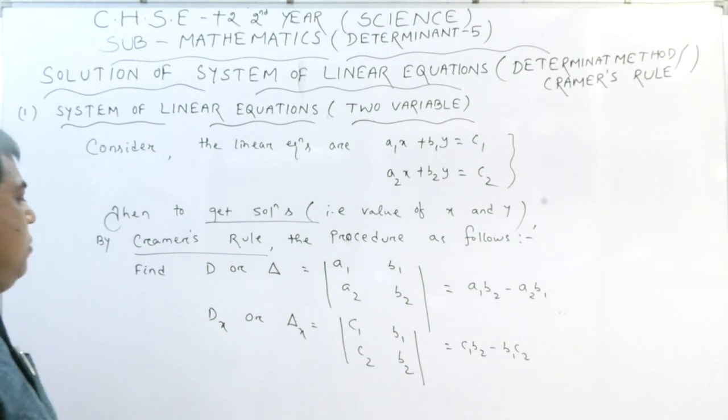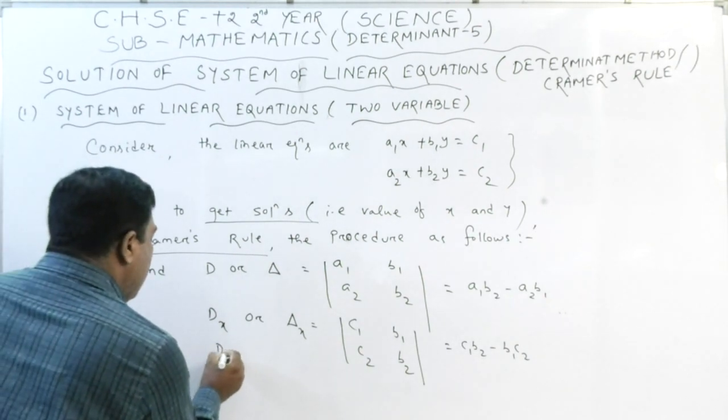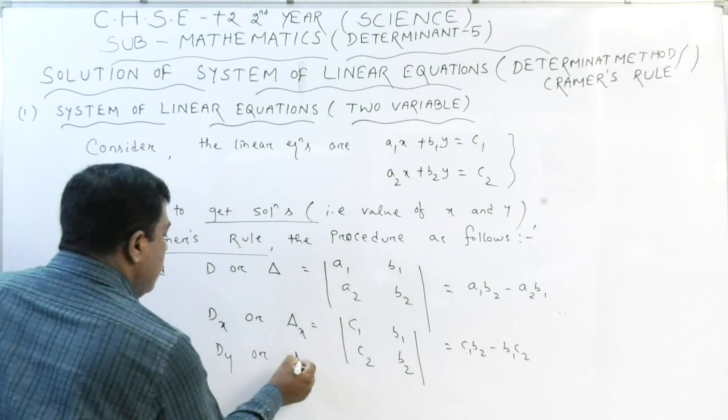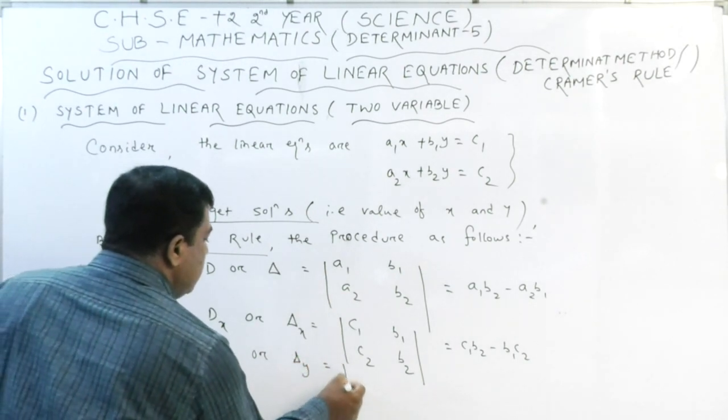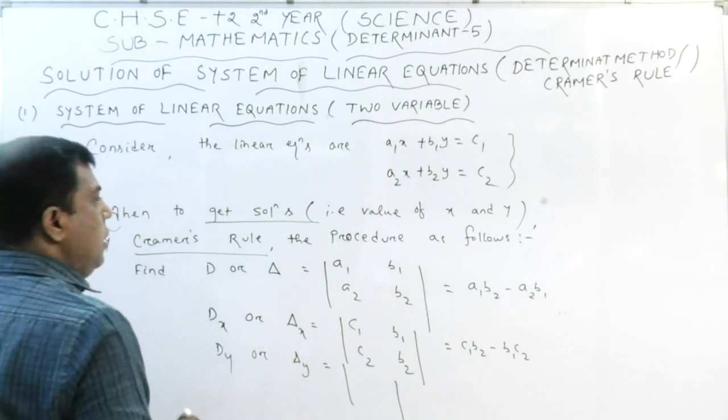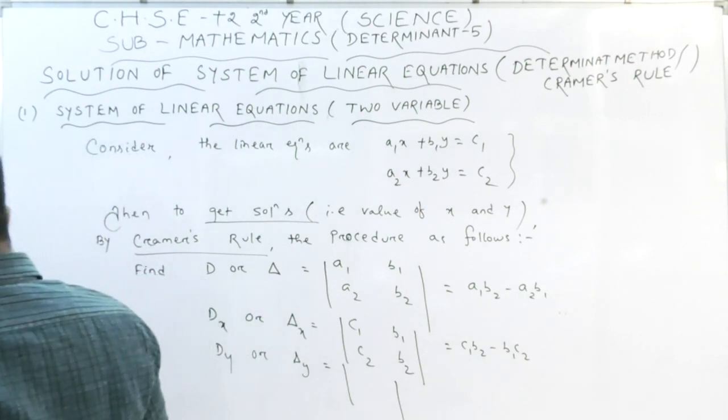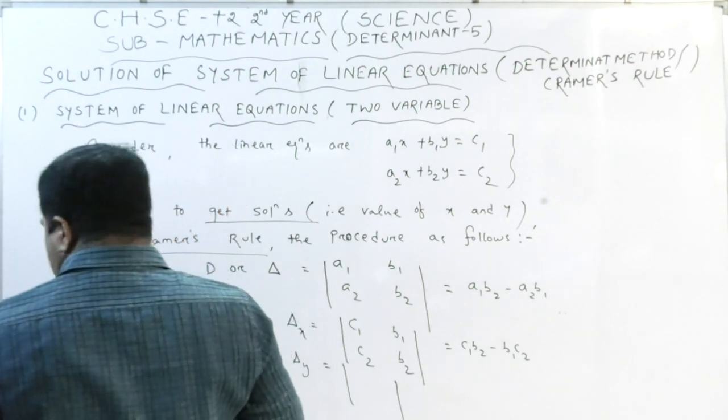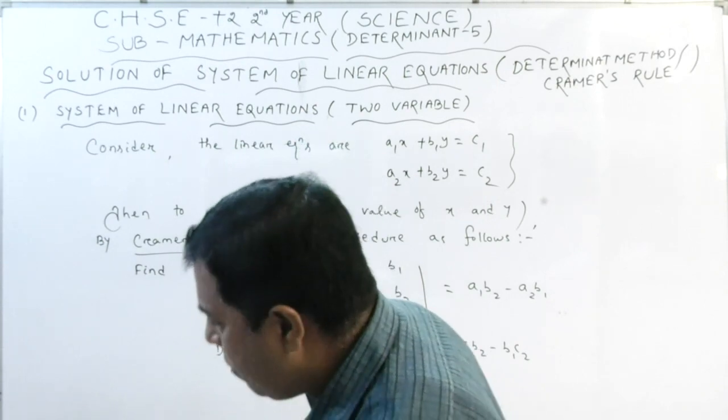Next we have to find out Dy or del y. Dear students, what is Dy or del y? It is a newly formed determinant. I am writing it here, again for your information.